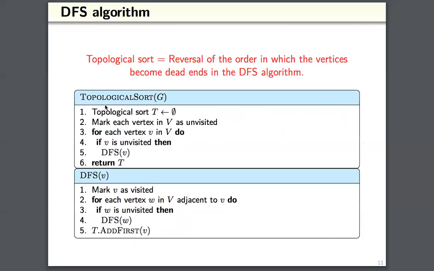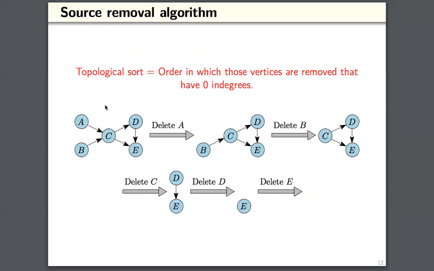Okay. Next. There are two good algorithms to solve this problem. One is based on DFS, one uses the concept of DFS. But we will not cover this. We will use a different algorithm, and I want you to learn this algorithm, the source removal algorithm.